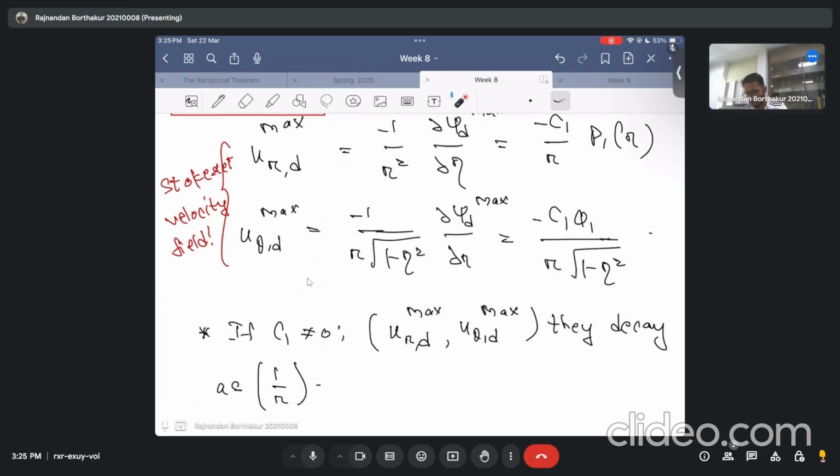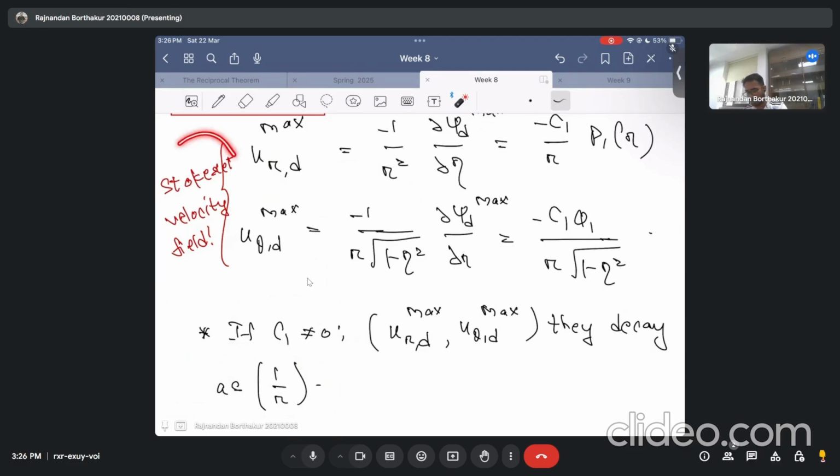Okay. So once again, the point is that if C1 is not equal to 0, then your disturbance velocities will decay as 1 upon r, and this is a very important result in creeping flow problem. In the interest of time, I cannot explain that.